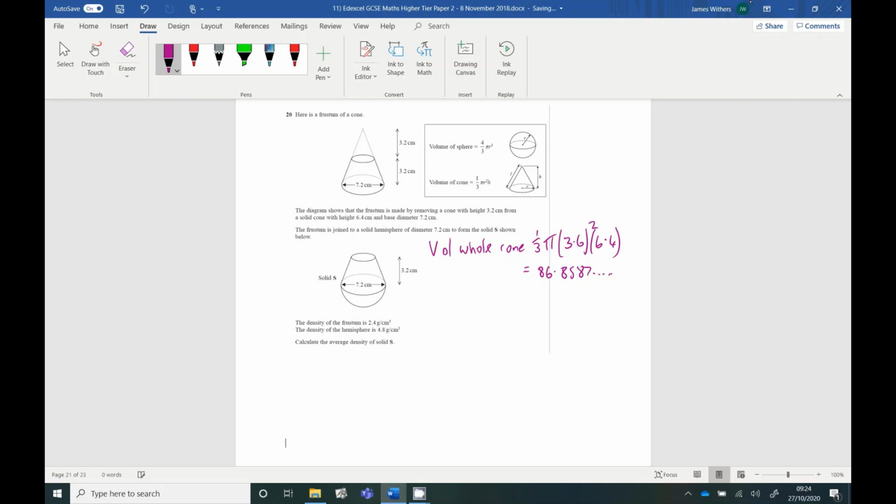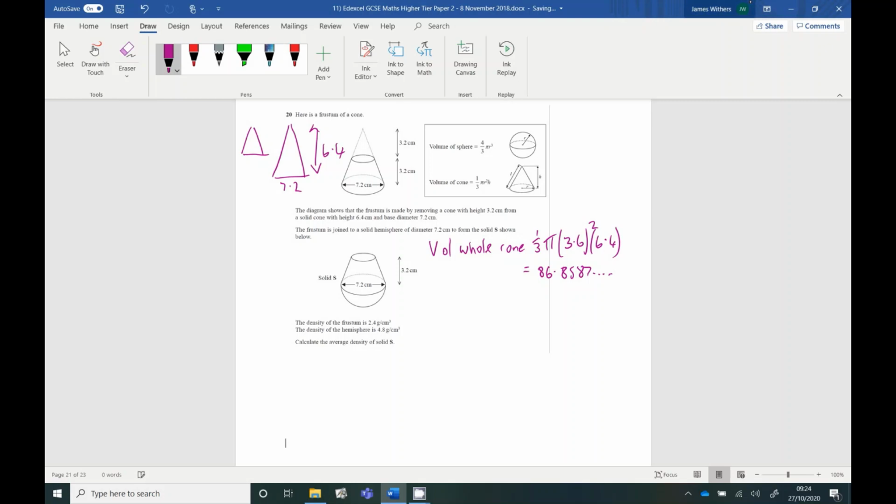Now what about the volume of the cut off part of the cone? Now before I start doing that, you've got to appreciate that really we've got similar triangles here. If you consider the bit that's cut off and you consider the whole of the cone, just looking at it in 2-dimensionally, has got a base of 7.2 and a height of 6.4.